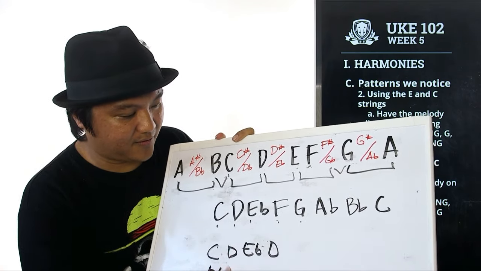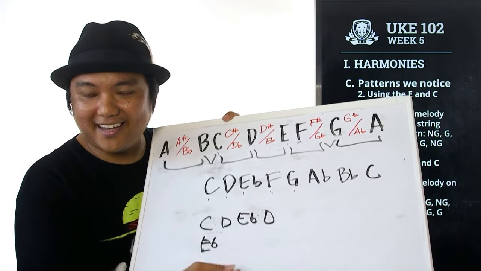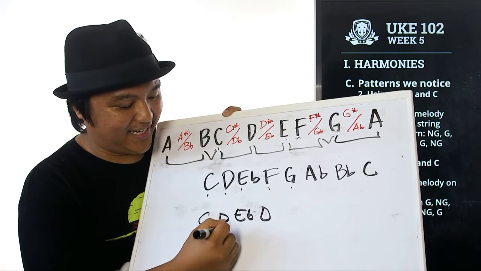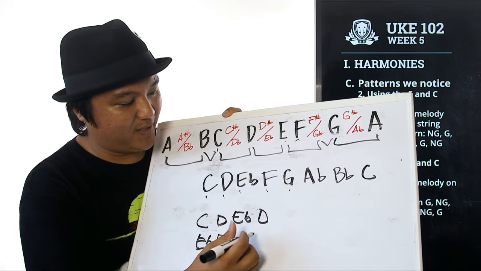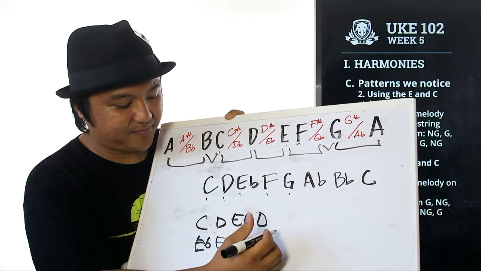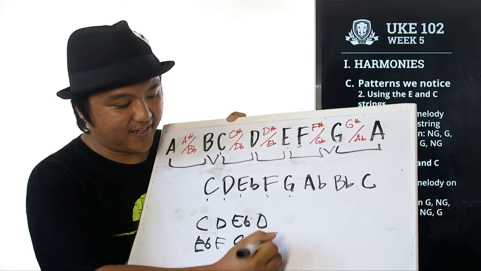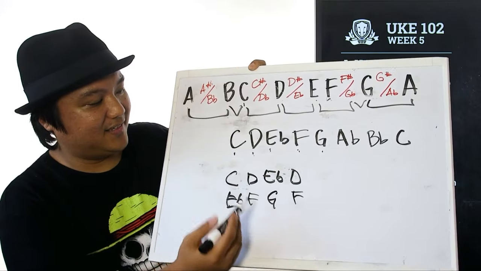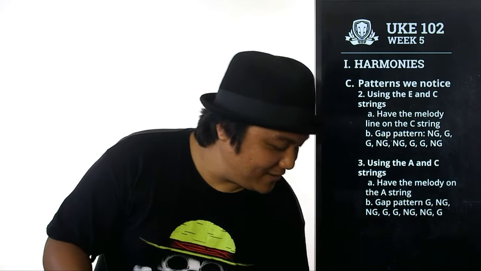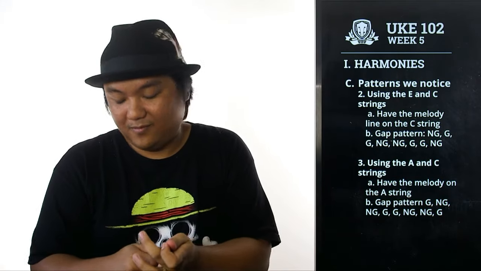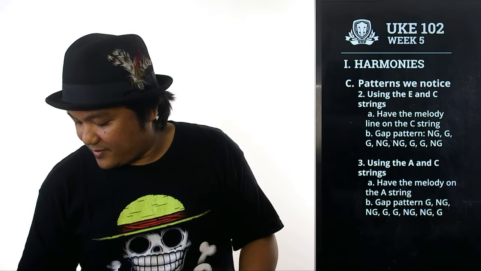You can write it out afterwards. E flat, F, G, F. So there it is. If I were to play it on my ukulele, start up here.